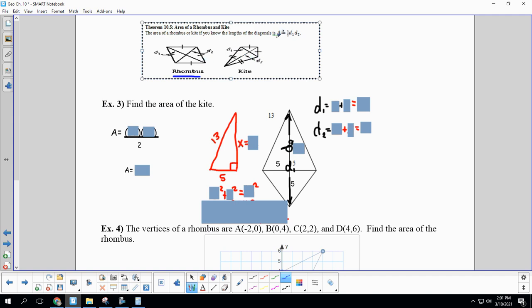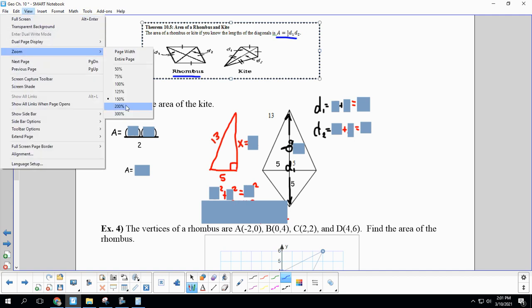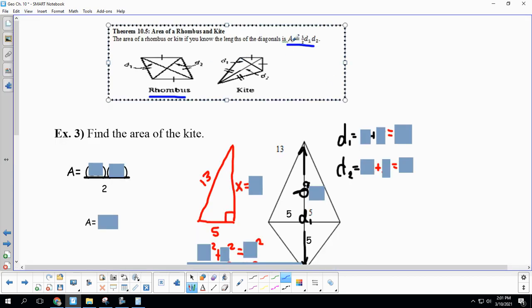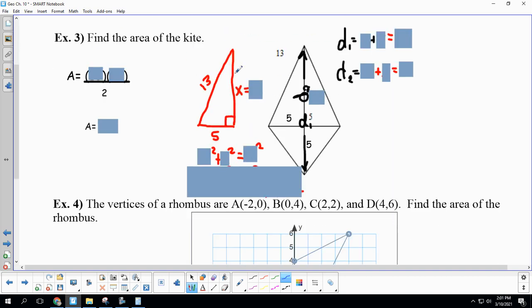So the area for a kite and a rhombus is 1/2 diameter 1, the measurement that goes all the way from tip to top, times diameter 2, the other distance from tip to top, and that will give you the area of the rhombus and the kite. So let's take a peek. We're given this lovely shape.